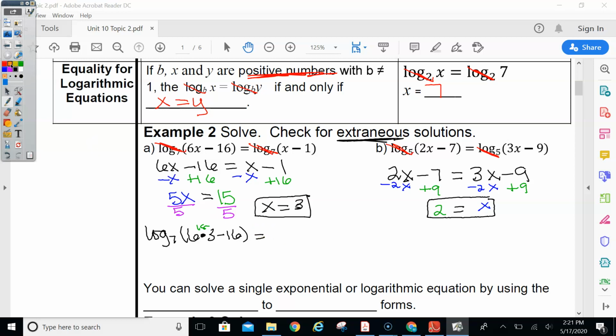So here we would get log base 7 of 2, whatever that number is. And then if I plug it into this side as well, again I get log base 7 of 3 minus 1, and 3 minus 1 is 2 as well. So this one checks out. This one's good.